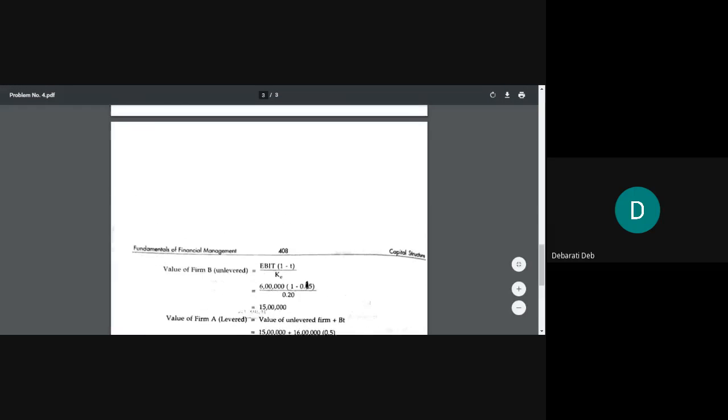And following the NI approach also, the value of Ko was also less than Ko of firm B. So we can say that since the market value of firm A is high and also the overall cost of capital is low, firm A has an optimal capital structure.